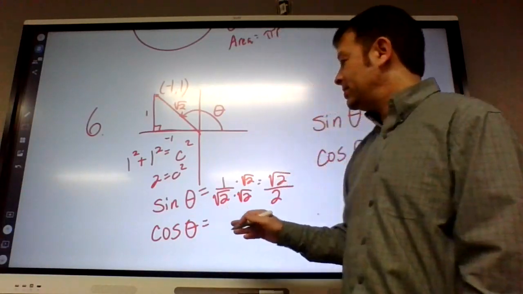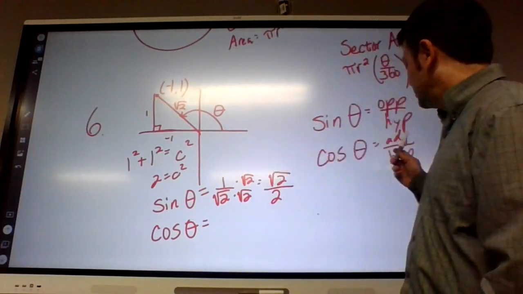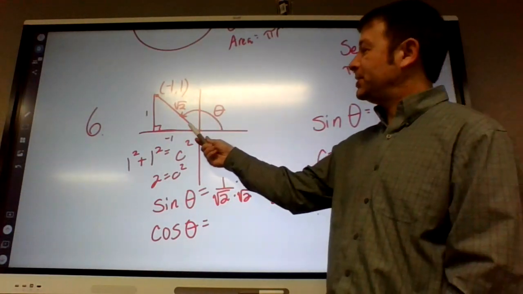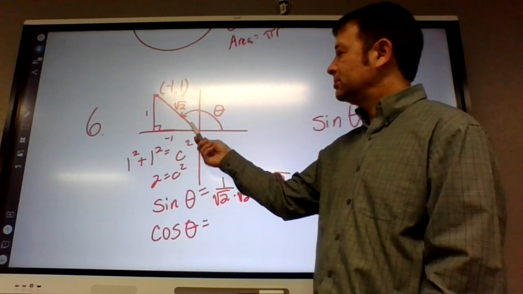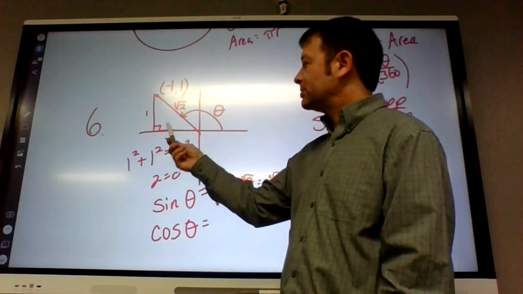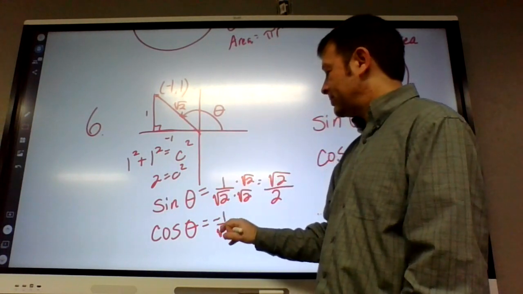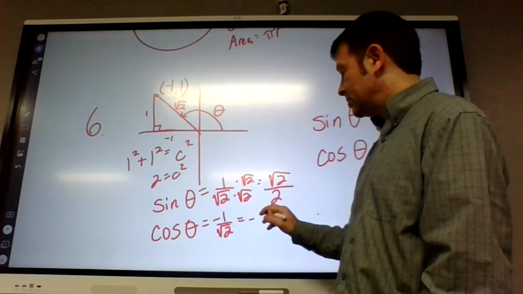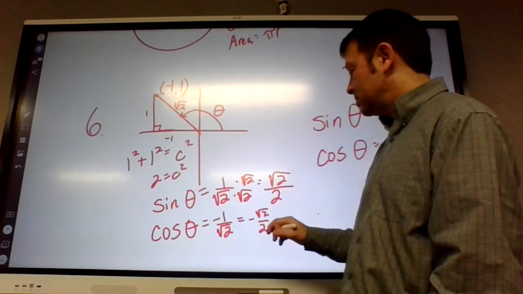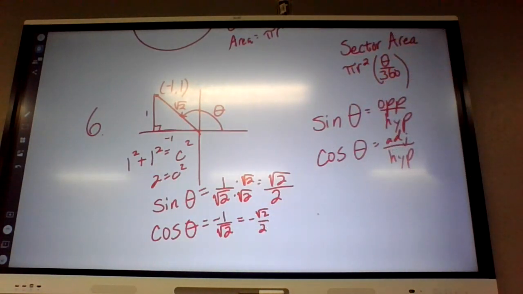Okay, cosine is what? Adjacent over hypotenuse. What's the adjacent for this angle? -1. What's the hypotenuse? Square root of 2. So it's almost the same thing, it's just negative this time. Alright, does that make sense? Let's do one more.